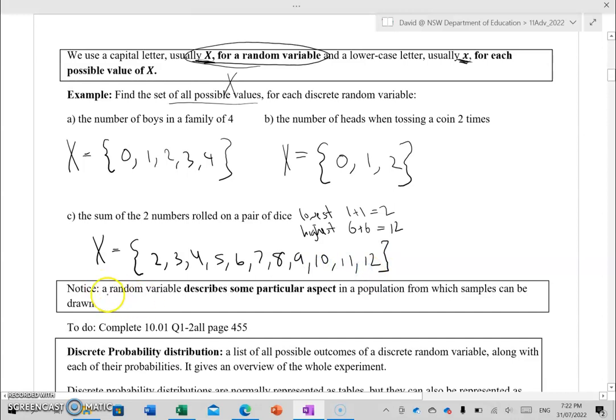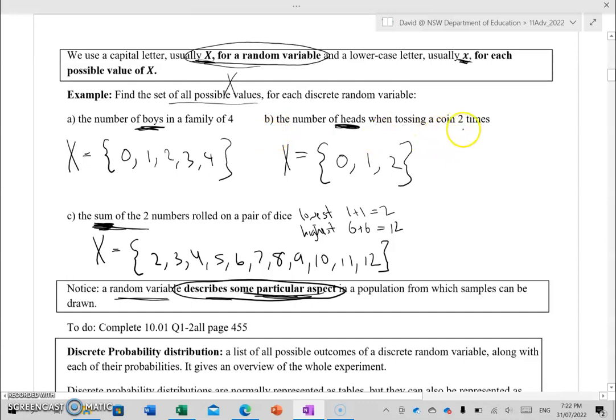Just something to be aware of when we're defining our random variable: we're focusing on some particular aspect in a population from which samples can be drawn. Here in part A, we focused on the number of boys. Here we focused on the number of heads. And here we focused on the sum. So there's a focus on what we're looking at for the particular experiment.